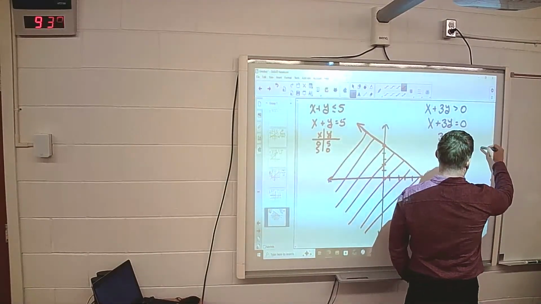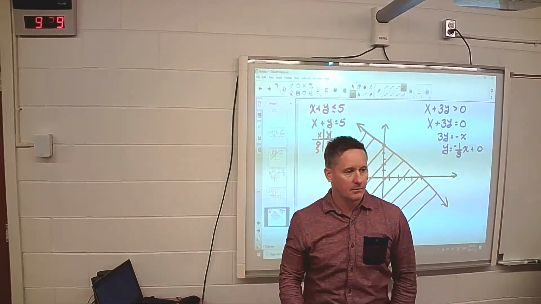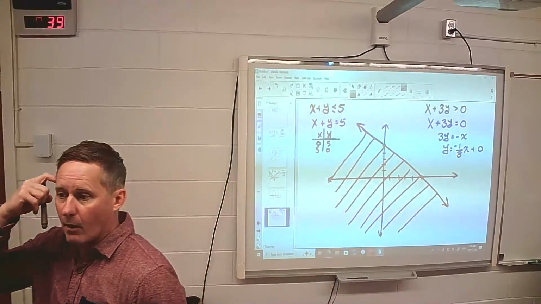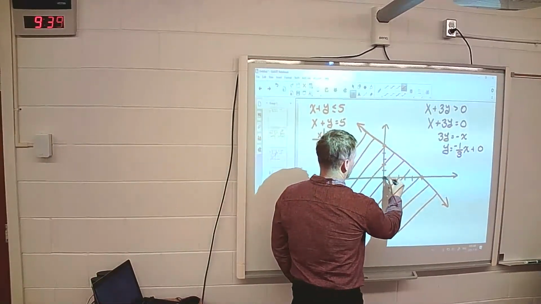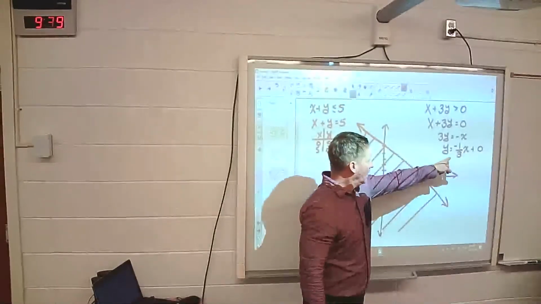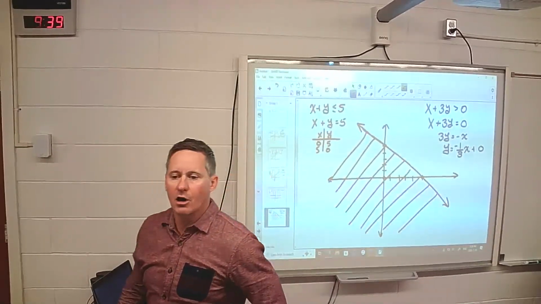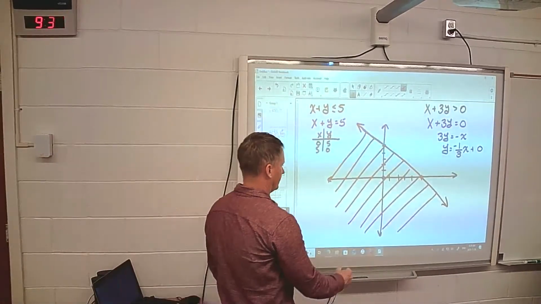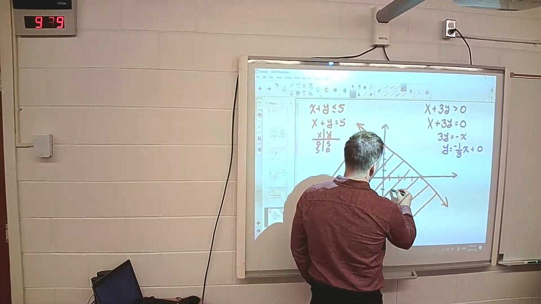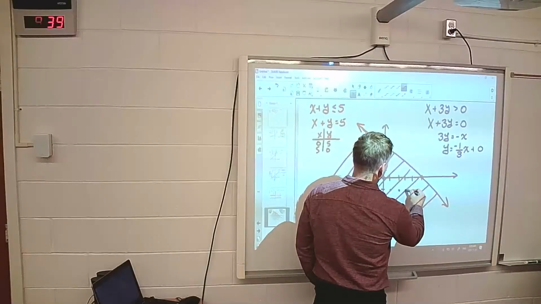It's plus 0. So where do I put my y-intercept then? At 0, 0. So I'm right here. Where does my slope tell me to go now? Down 1 and right 3 to here.